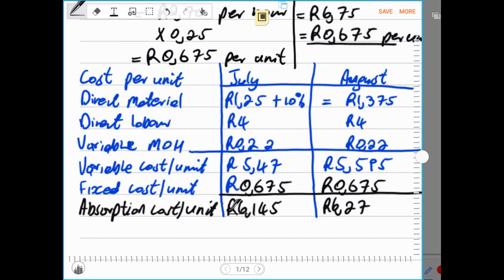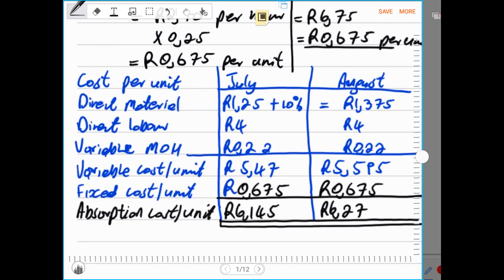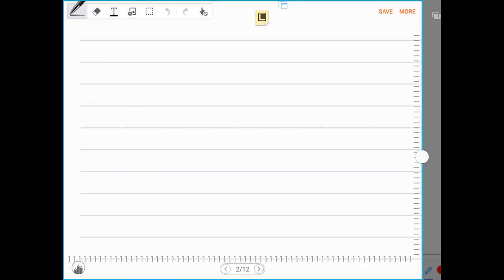So from here, what I want to do is to calculate the applied overheads. But remember, we already have our POR. POR times by the base will give us the applied overheads, so that we determine if we had over or under applied manufacturing overheads.